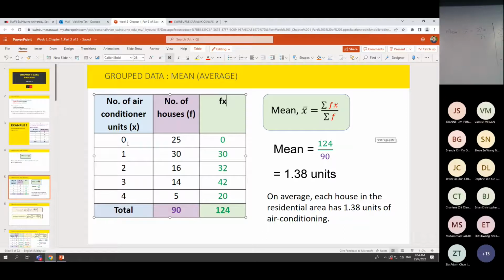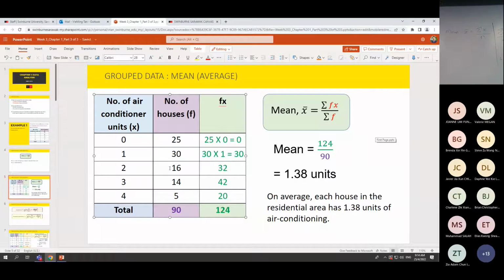The first row is using 25 multiplied with 0, so the answer is 0. The next class is using 30 multiplied with 1. So you get 30.